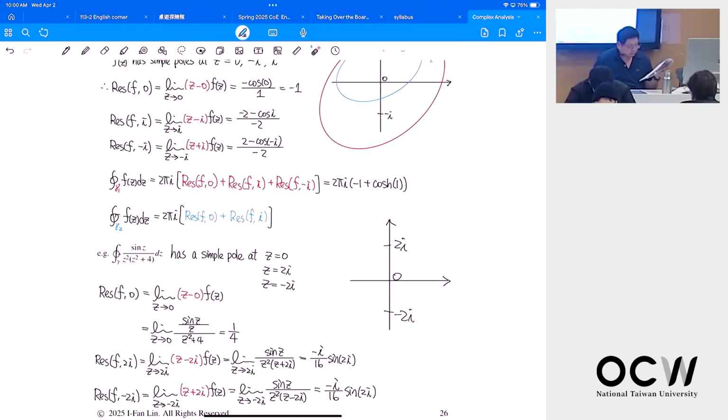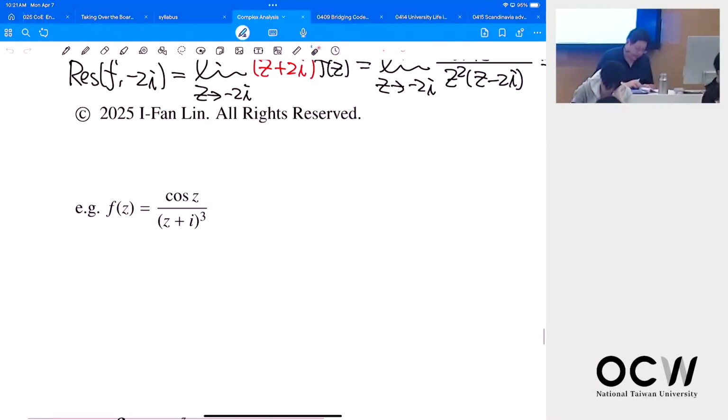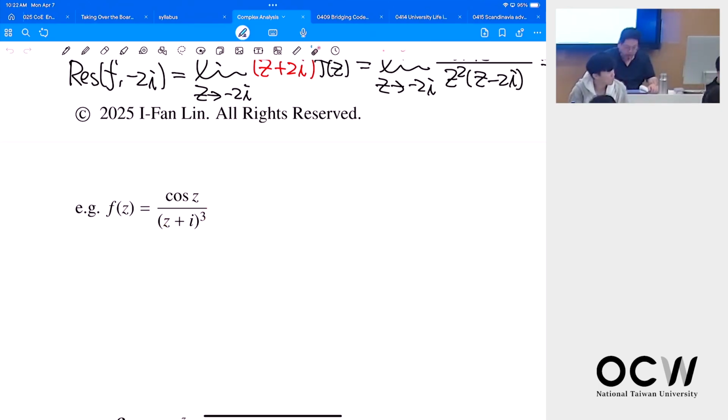All right, let's see this case. What is the residue at minus i? Because z at minus i will make this fraction go to infinity, since there will be 0 in the denominator. But first we need to find out how many poles we have.